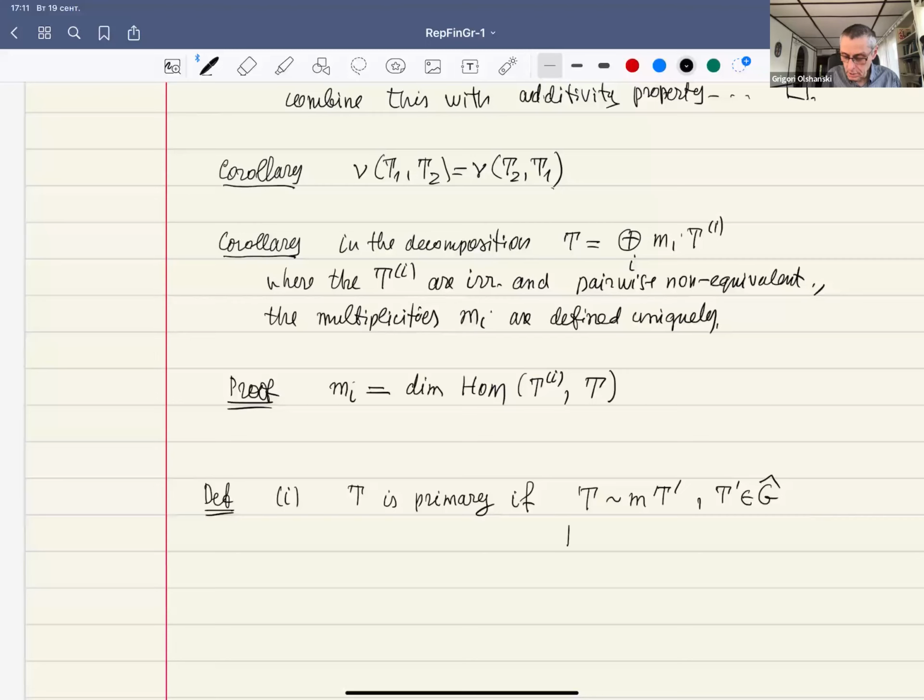So the definition is that T can be represented as the direct sum of some number of copies of a certain irreducible representation.